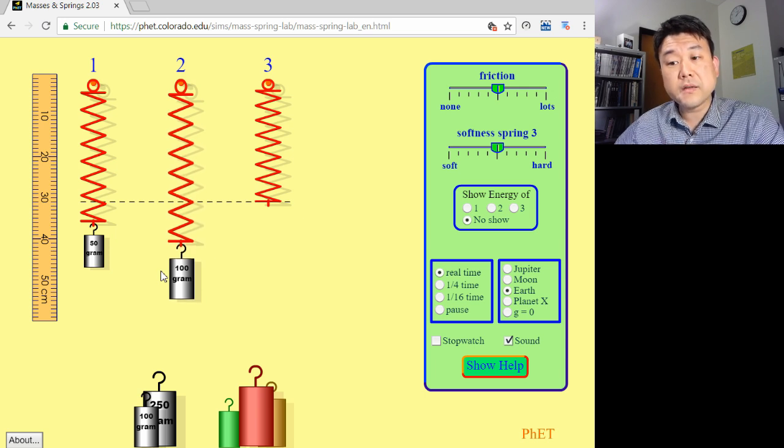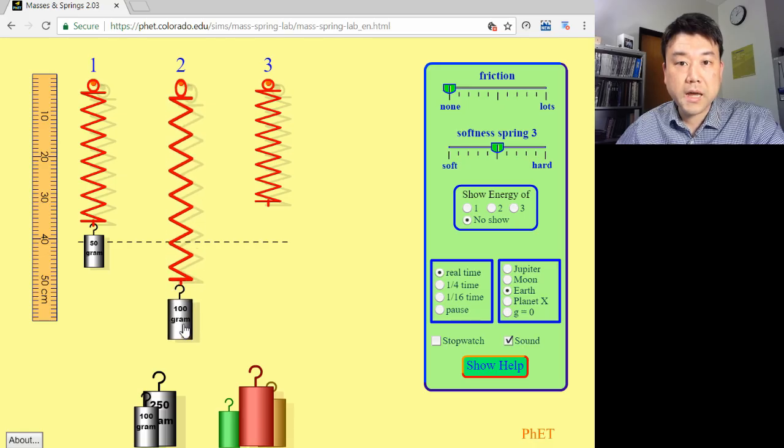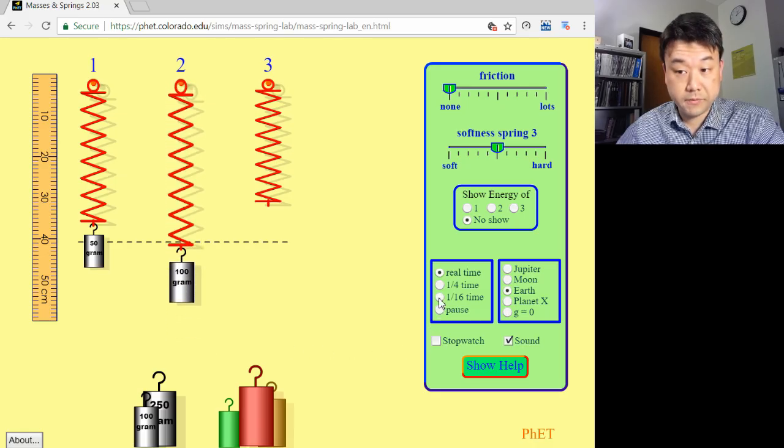In fact, the whole reason it comes to a stop at all is because of friction. So let me get rid of that. Now, when you set the mass in motion, let me mark the equilibrium position. It'll oscillate back and forth forever.